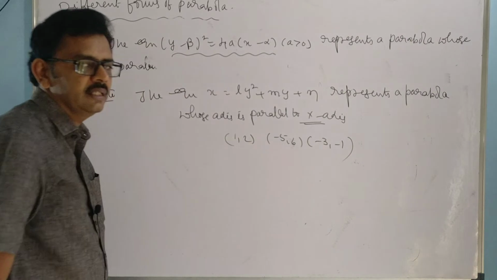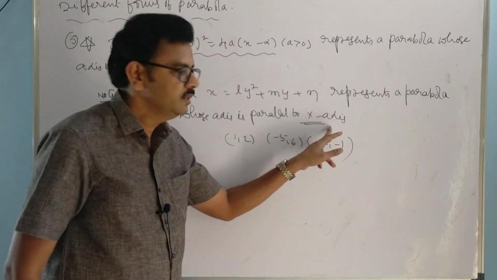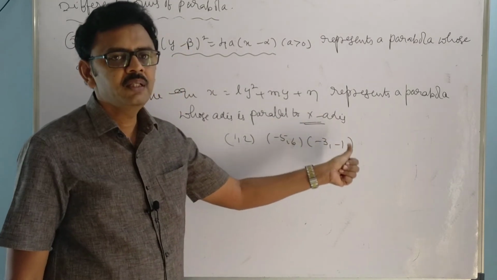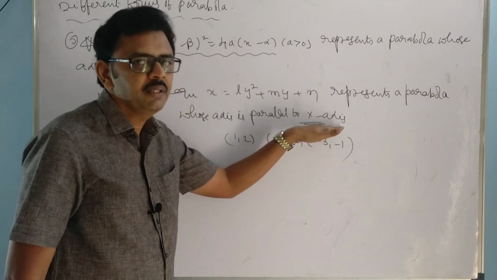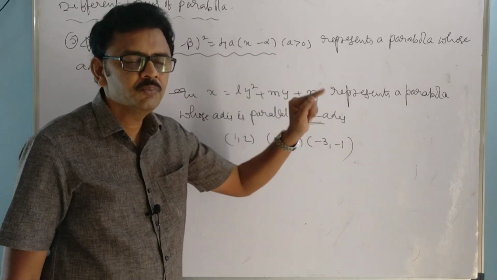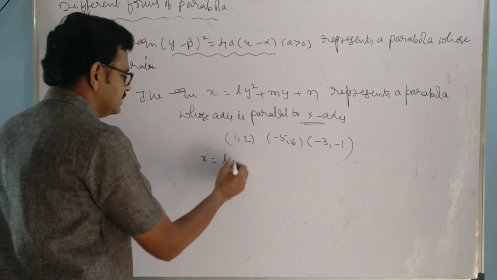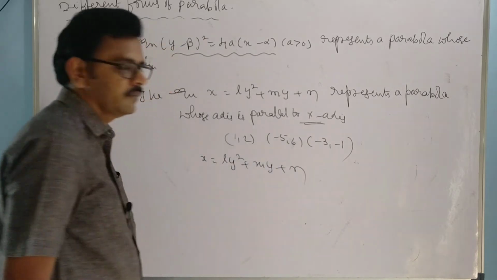If the question is given like this, then since the axis is parallel to x-axis, the equation of parabola is of the form x equal to ly square plus my plus n.